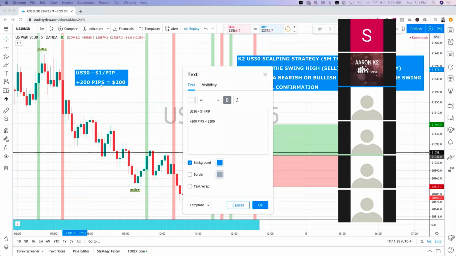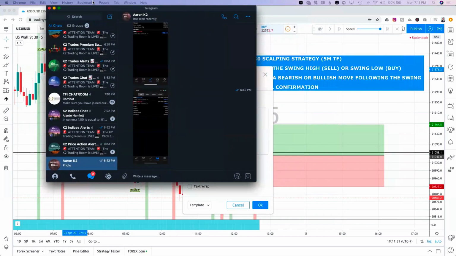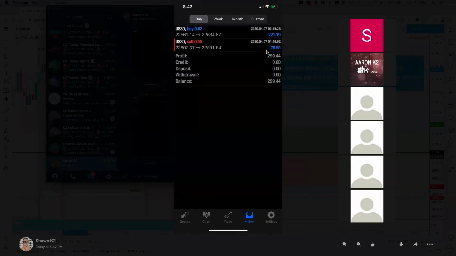And that's pretty much what I did right here. I was sending Aaron my profits just right now before we got on this call. I entered US 30 for 2 entries. One I made $221, and then the second entry I made $80, and that was in a couple seconds.